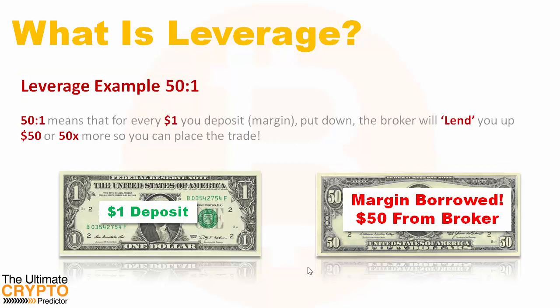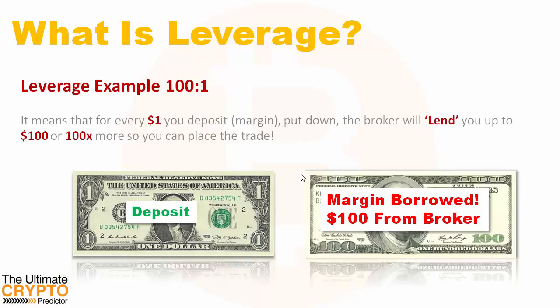If we have a 50-to-1, this means that for every $1 that you deposit and put down on the trade, the broker will lend up to $50, or 50 times more, so that you can place the trade. This is how the leverage aspect works. Again, you are just borrowing from the broker. They're covering the other $49 so that you can do the trade.